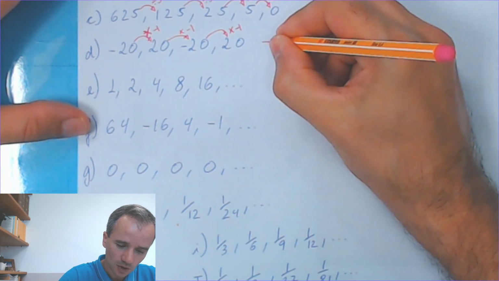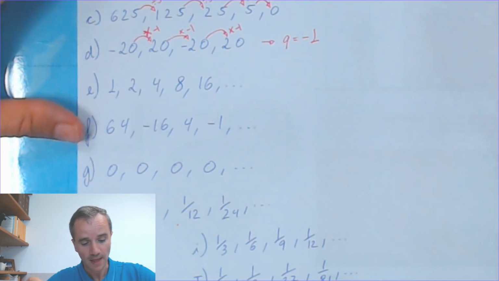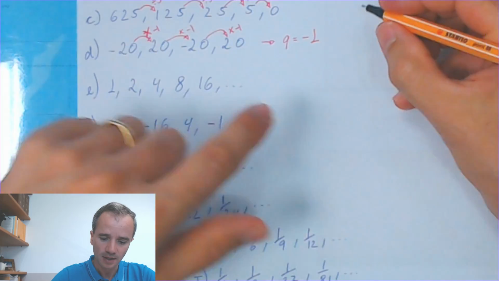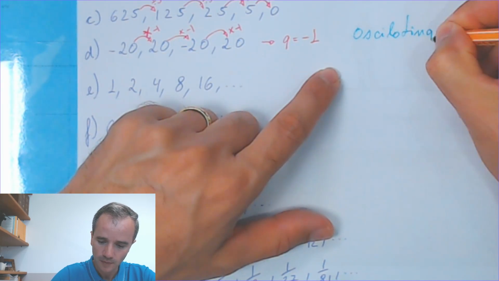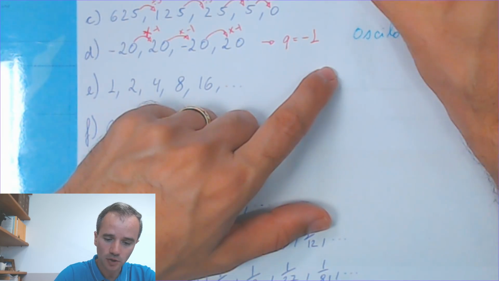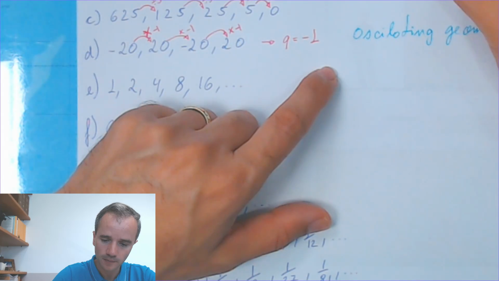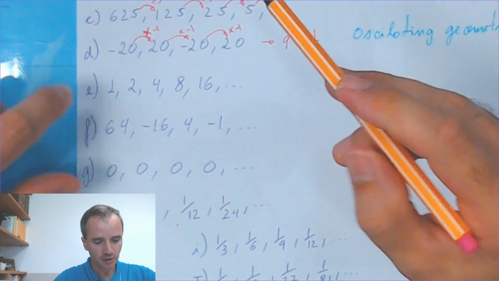So this one works for us. Q is going to be negative 1. Let's give them their names: this is going to be an oscillating geometric sequence, and this one is going to be a growing geometric sequence. Okay, now let's continue.